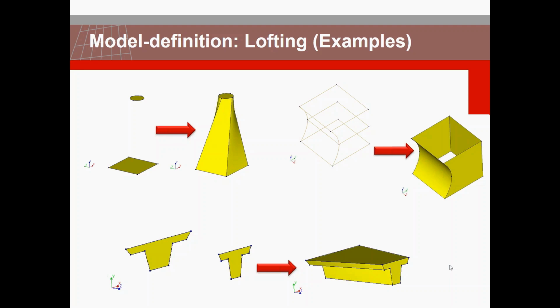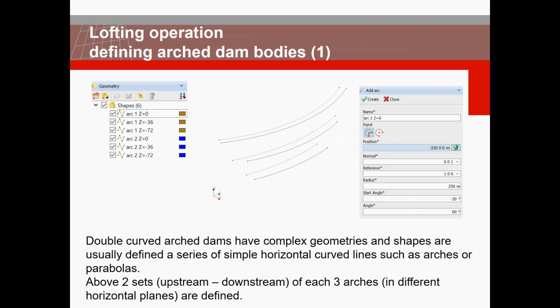If I want to be a little more applied, I would like to go over one practical example. One of the challenging tasks is, for instance, to model a double arch dam in a parametric way. The characteristic of this type of model is that you have two different curvatures.